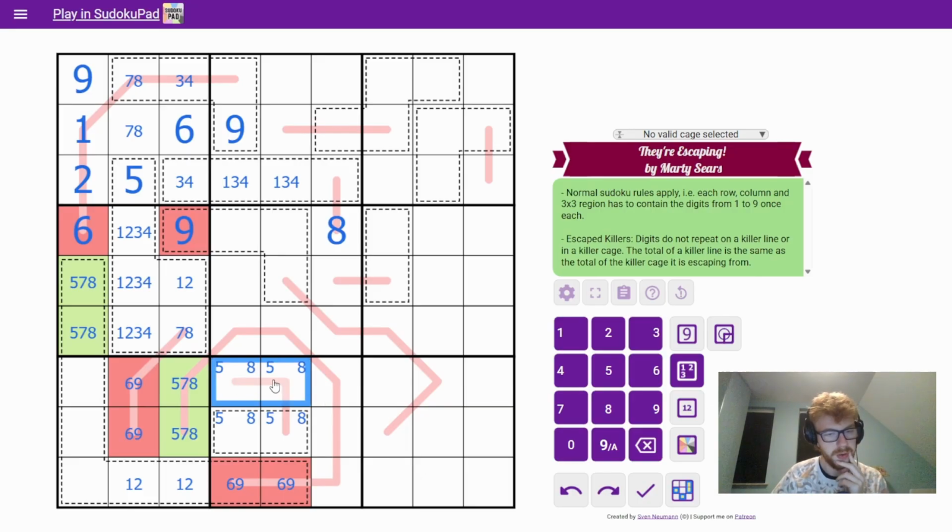Now, if one of those is 8, then the minimum we can add to it is a 1, and that would have to be a 9, and that's not possible. So that isn't an 8, one of those is an 8, so that's not an 8.